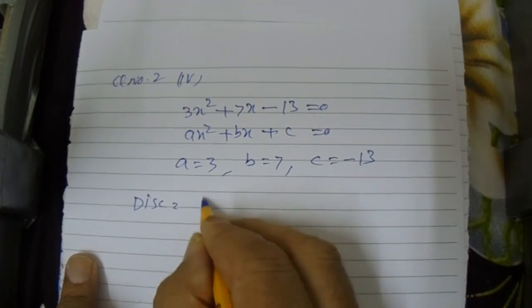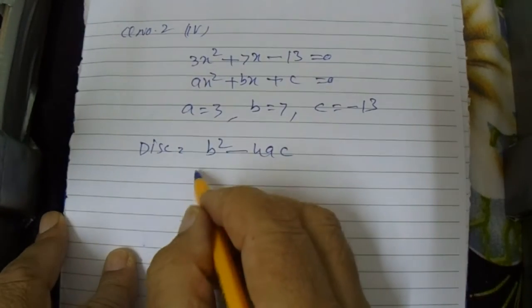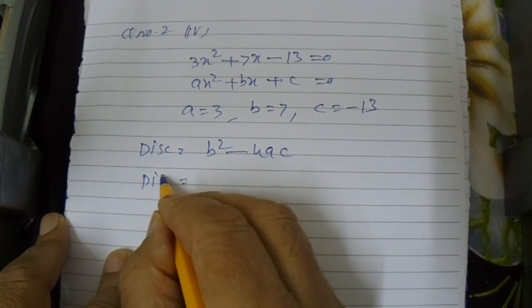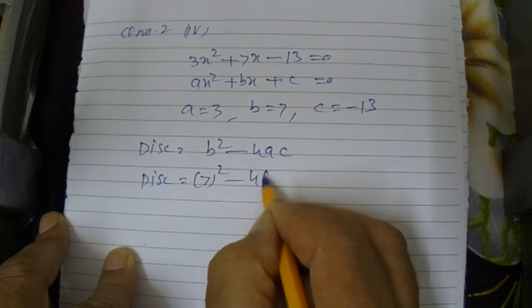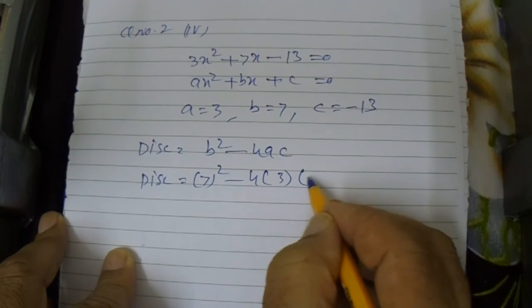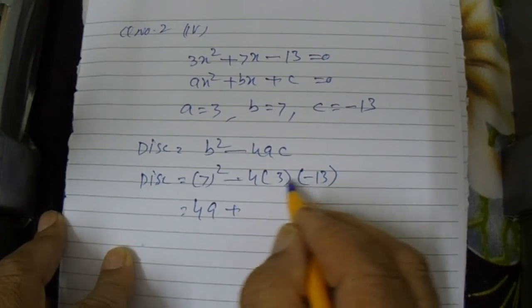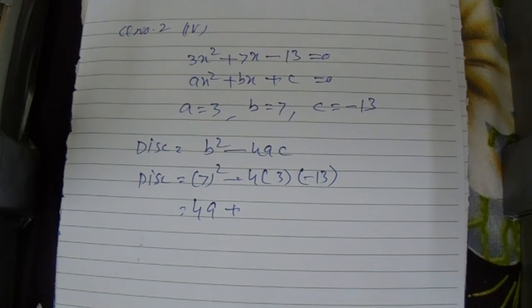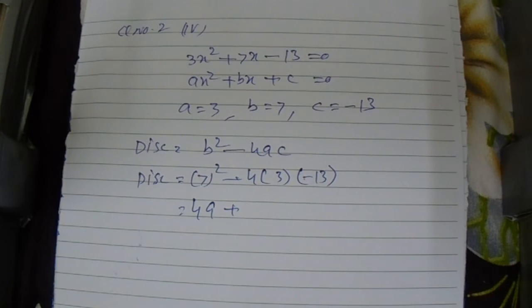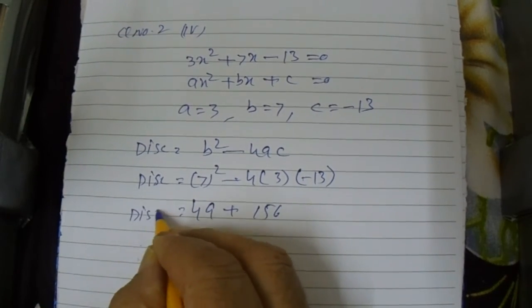Discriminant is equal to b square minus 4ac. Now putting the values, 7 square minus 4 into 3 into minus 13. This is equal to 49 plus, minus times minus is plus, 12 multiplied by 13, which is equal to 156.